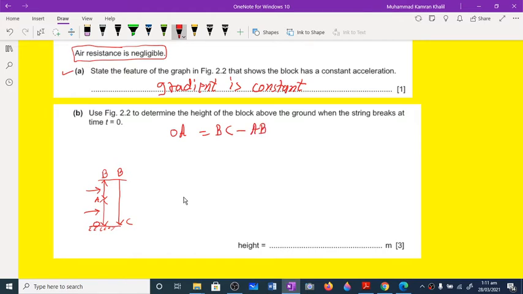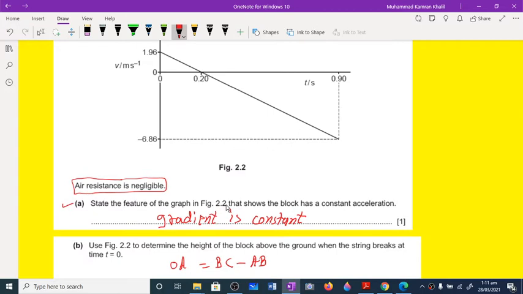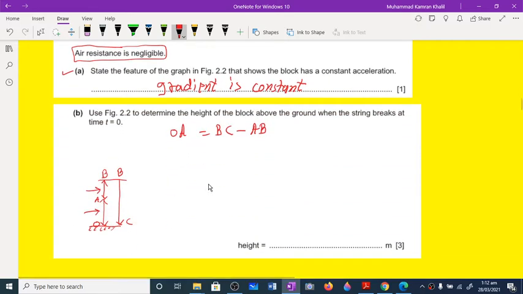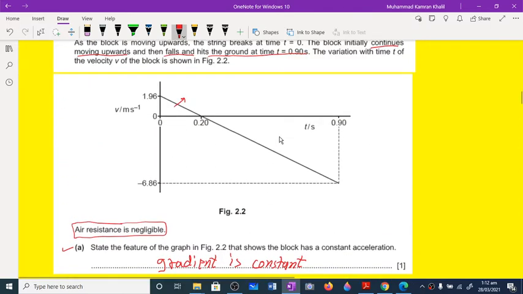Now move towards the graph. In the graph, there are two regions given. Now one of them is this one. When the block is moving in upper direction, then it will stop. So I will label this according to the values which I have used.